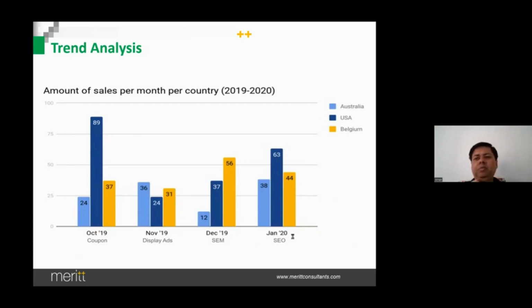What has been the trend? Absolutely. If I were to read this graph, I will say there are 3 countries where the sales figures are shown month after month, October, November, December, January, 4 months. And I can see how their sales performance has been month on month, right?